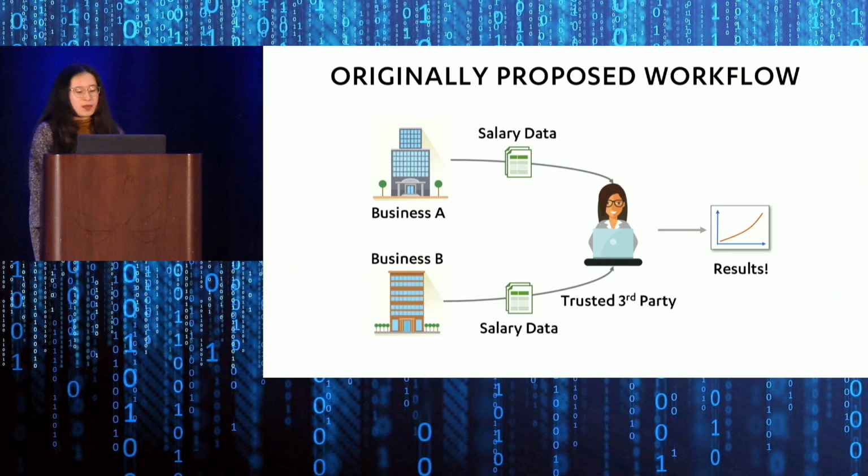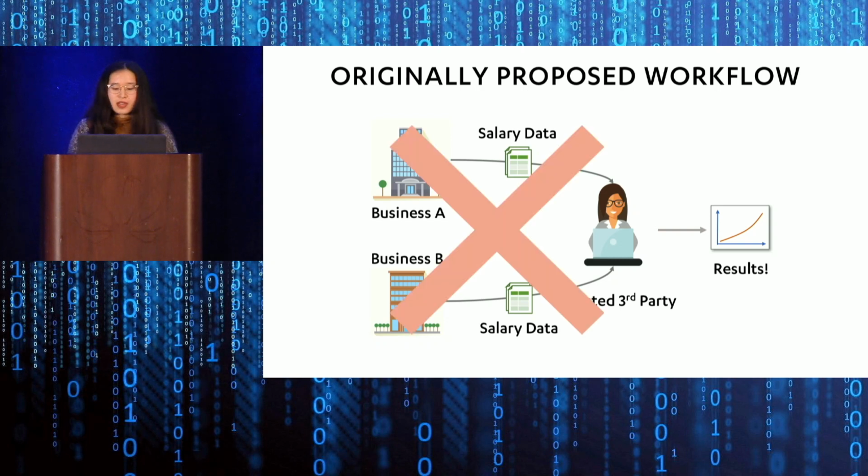In the originally proposed workflow of how Boston wanted to conduct a study of this level, they wanted each business to submit their data in the form of spreadsheets in its raw form to a trusted third party. And that trusted third party would take all of that data, do the proper analysis on it, and generate the results.